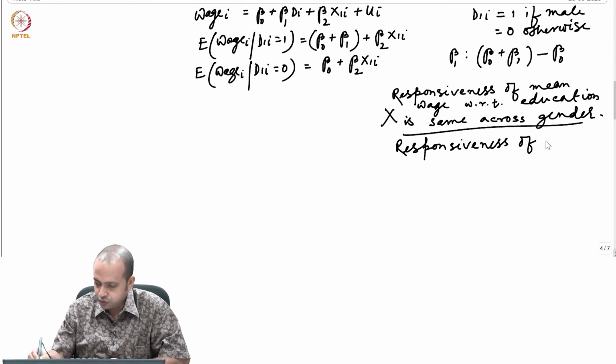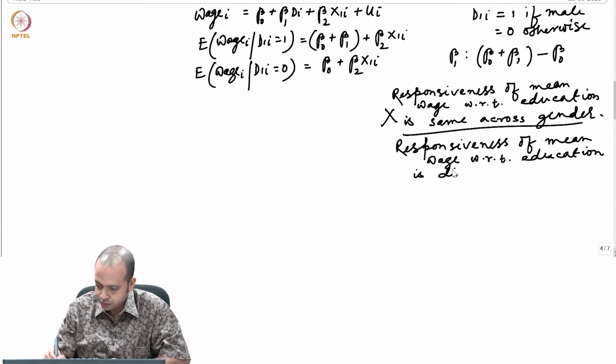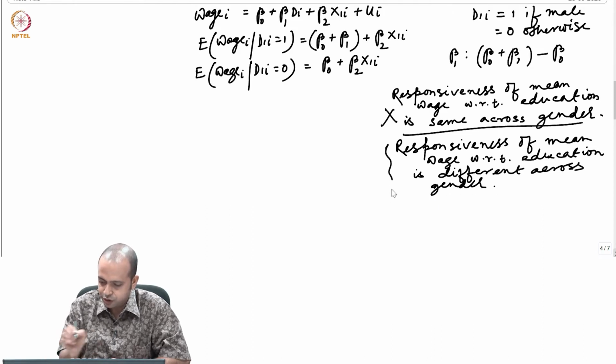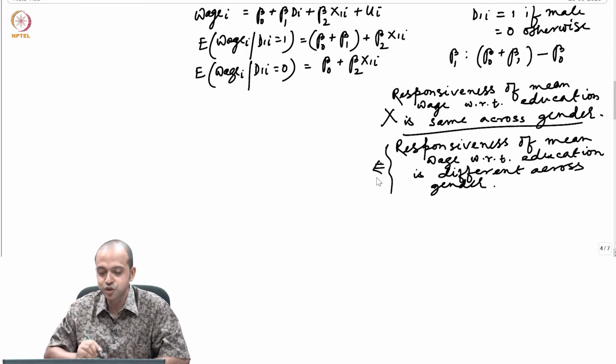This is the assumption I am making. And what should be the corresponding econometric model then with this assumption?